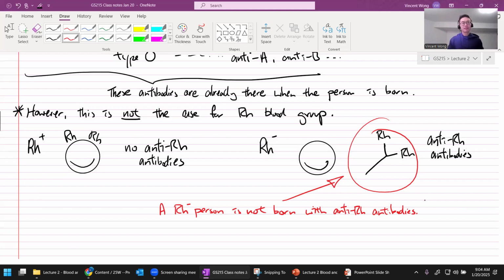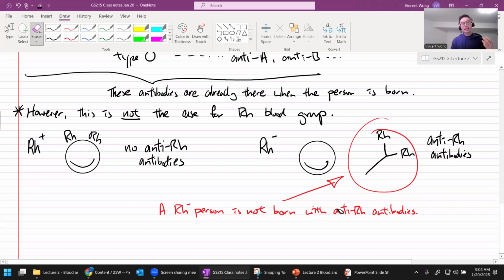Vaccines, sure. What else? You have to get sick, right? You have to catch the chickenpox, the COVID, the flu. Getting a vaccine can kind of jumpstart that process. We'll learn about it in lecture 3. But the point is, you're not gonna be able to make those antibodies until you are exposed to the thing you're trying to create the antibodies for. And that's the case with RH.